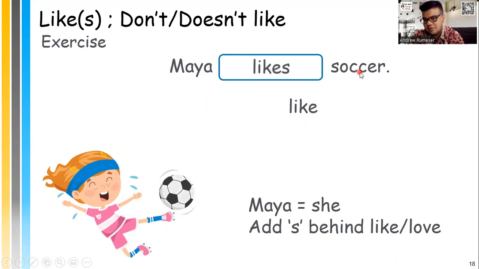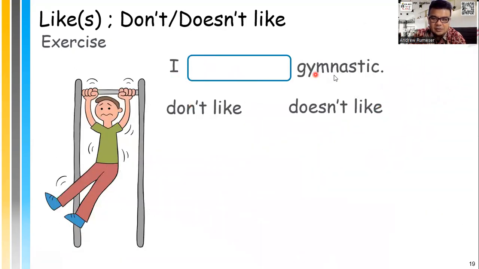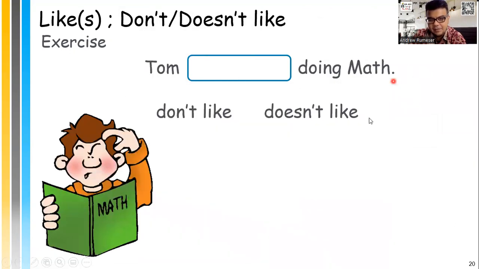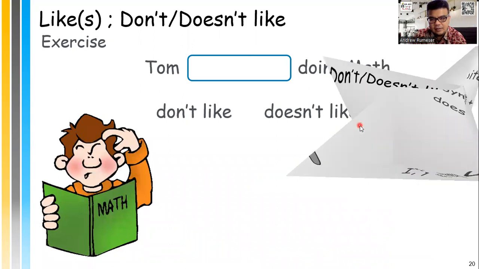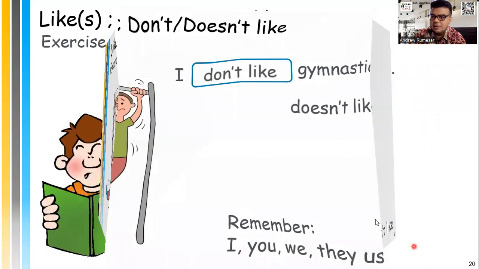What about soccer? Is this a noun or a gerund, verb 1 plus ing? Of course, it's a noun, right? It's not a gerund. Okay, next. I don't like gymnastics or I doesn't like gymnastics. I don't like gymnastics, right? Remember, they use don't, right?